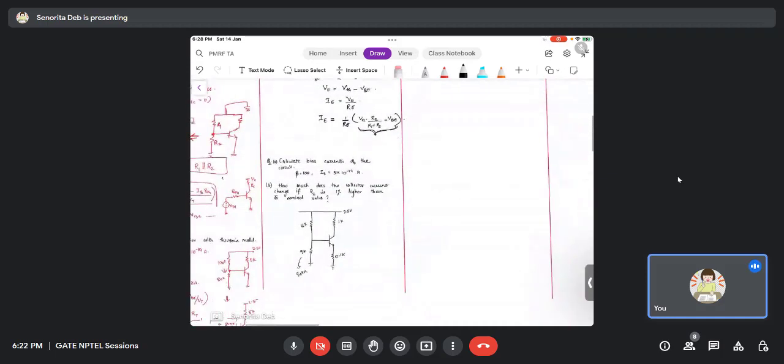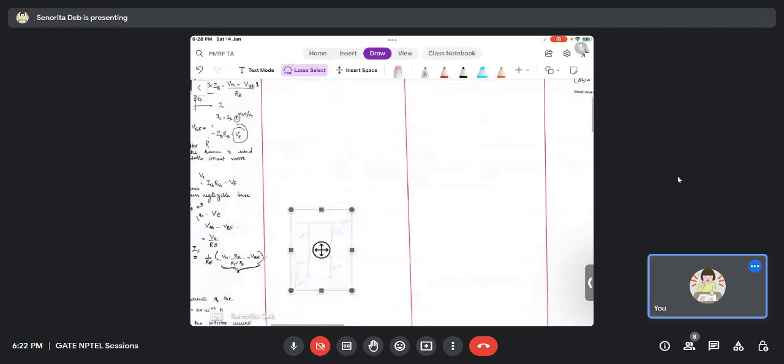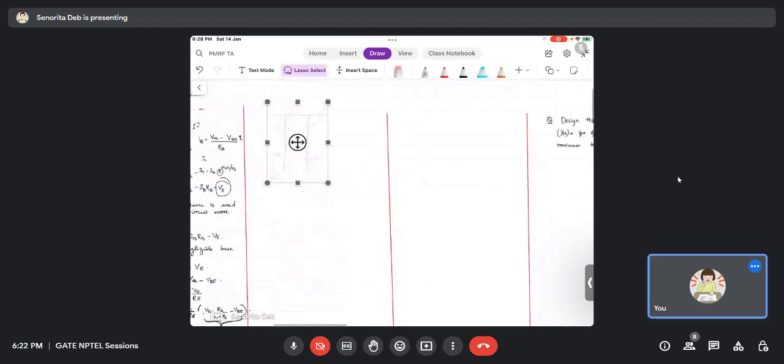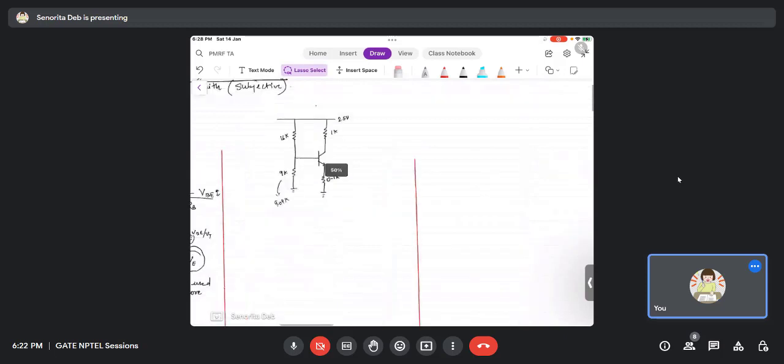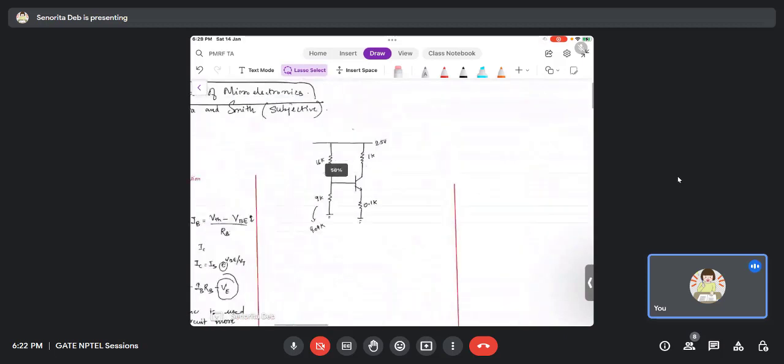So let me take this circuit to the next part. Beta is 100 and IS is 5 into 10 to the power minus 17 amperes.